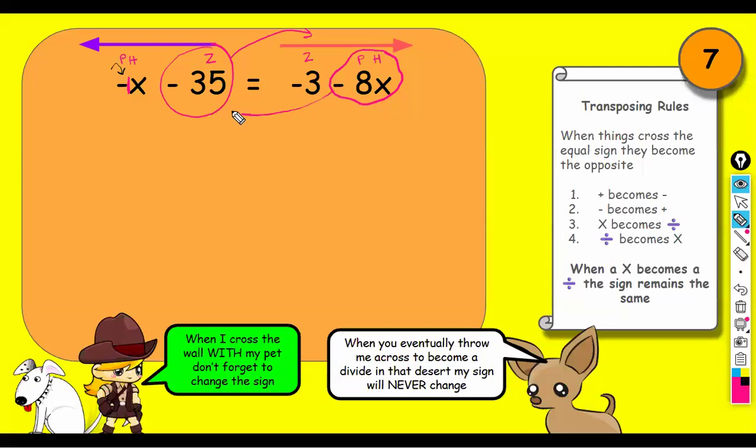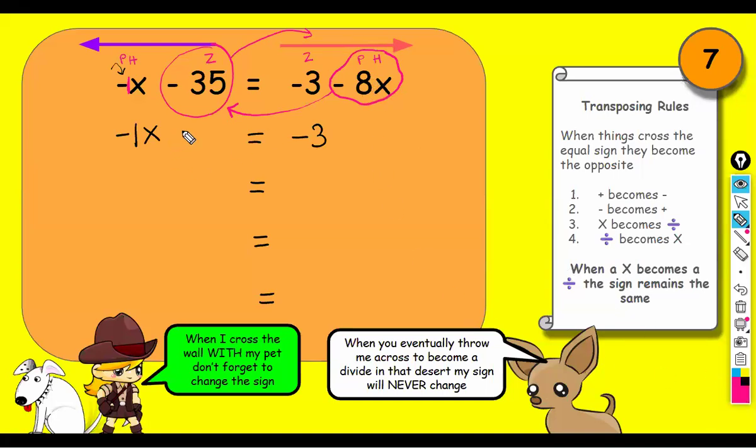So we have to move them across to the other side. So who is not moving in this question? Well, initially, it seems that this minus 1x already on the house inside. This minus 3 zombie, they were on the correct side at the beginning of the question. So they're not moving.